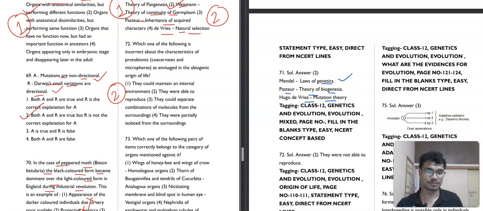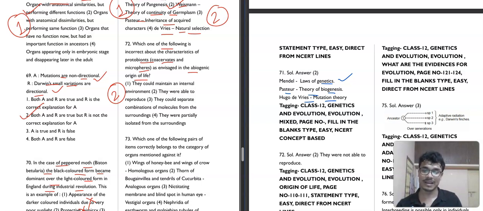Then 72. It is saying, which of the following is incorrect about the characteristics of protobionts, coacervates and microspheres as envisaged in the abiogenic origin of life. Okay, let's read the options.